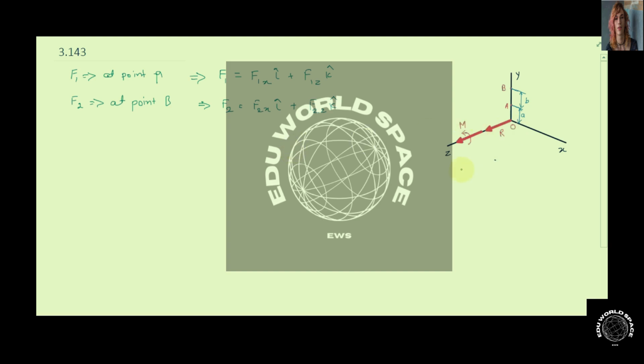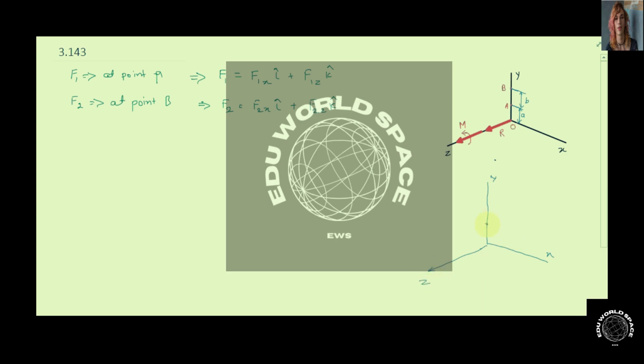Now if we draw a rough diagram for these vectors, so let us say this was our coordinate axis y axis, and this is x axis, and this is z axis.